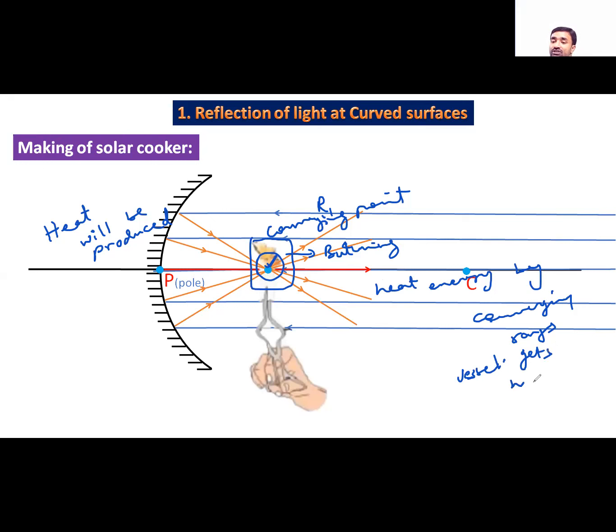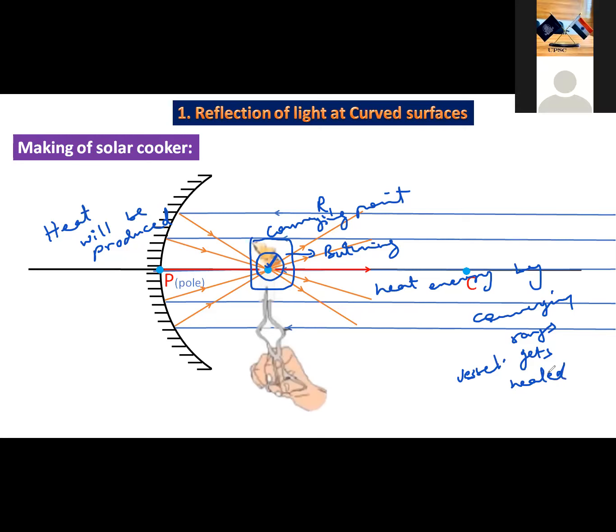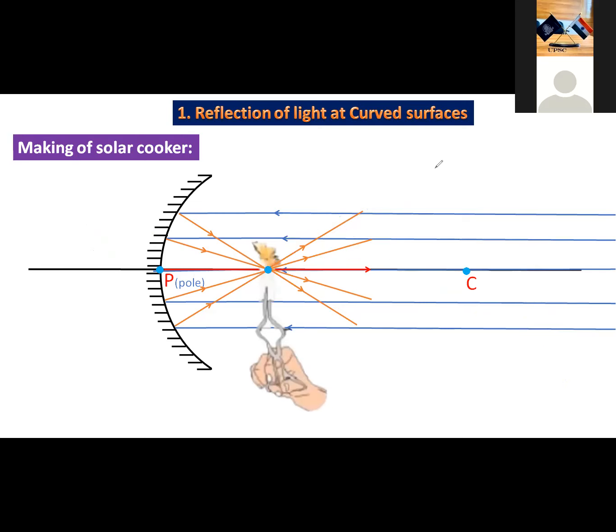How is the solar cooker working? Due to the converging of light rays, heat will be generated. This is the working principle of the solar cooker. So this method you follow in making a solar cooker. One of the genius scientists used this technique, right? Who is that? Archimedes.